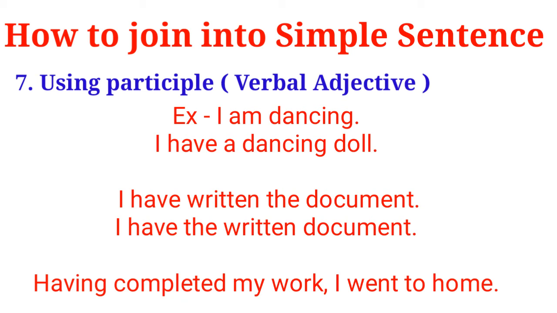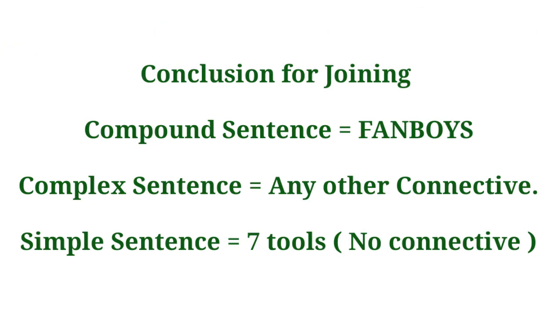Here written becomes adjective to the noun, that is document. And here this is the example of past participle. Having completed my work, I went to home. Here having completed, that is having plus V3, and this is the illustration of perfect participle. So here we are going to watch out the separate illustrations for three kinds of participles.